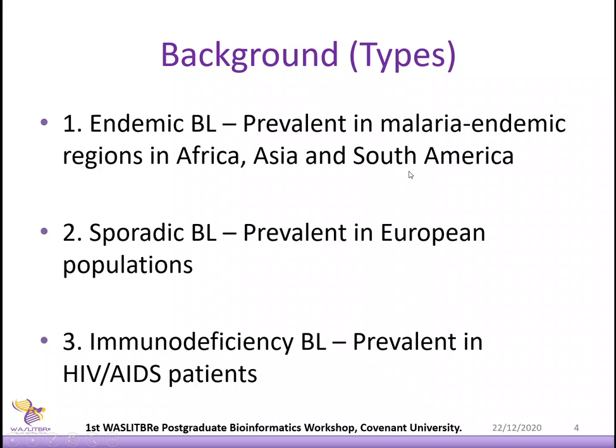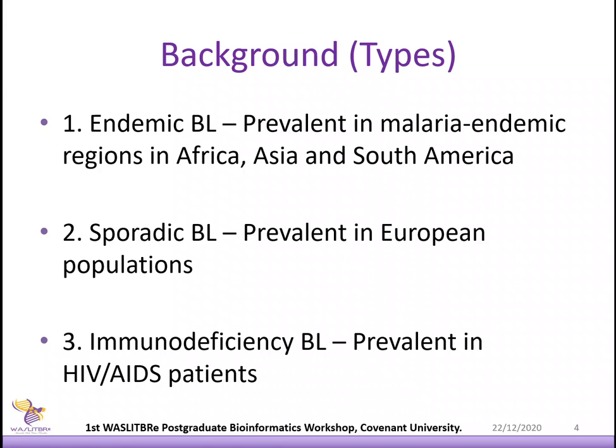Okay, so there are three types of Burkitt's lymphoma. The first one is endemic Burkitt's lymphoma, which is very common in Africa, Asia, and South America. This is usually found in places where malaria is very endemic and common. Yeah, so Ghana is one typical example of that.